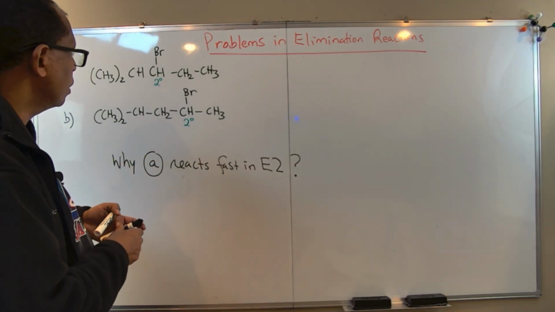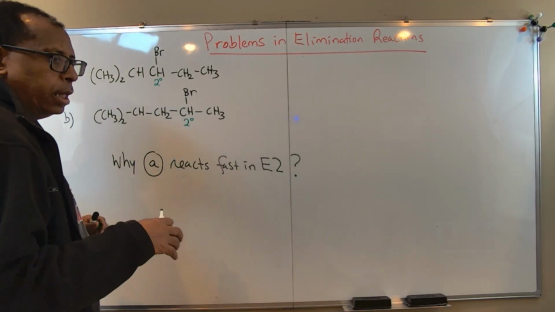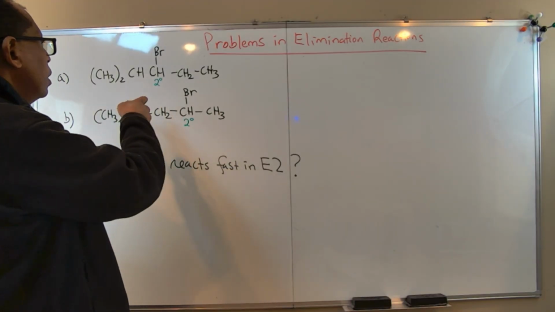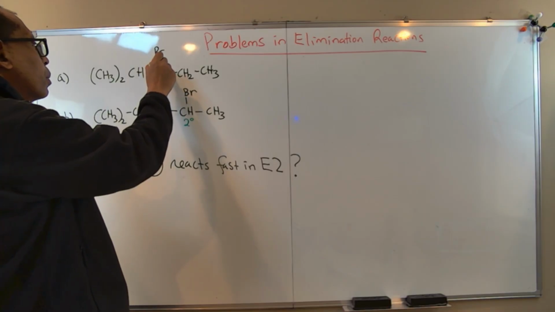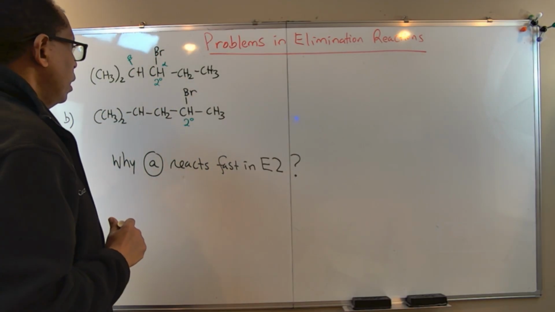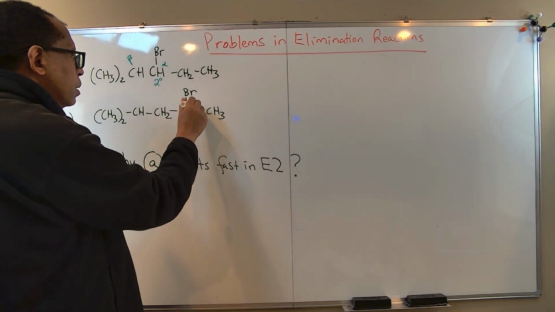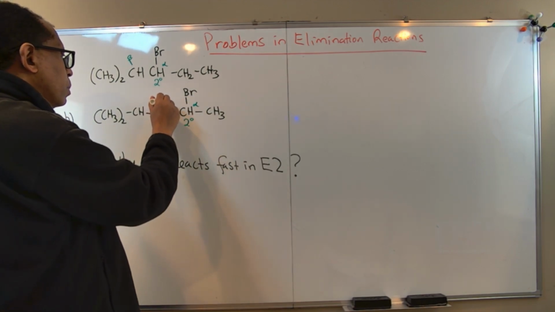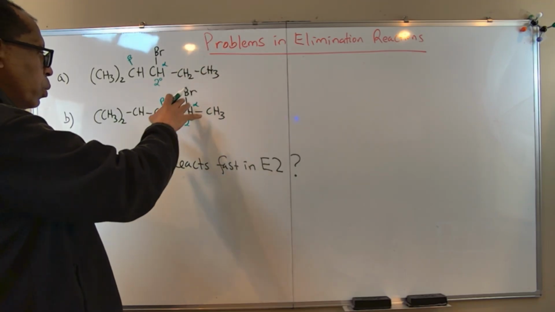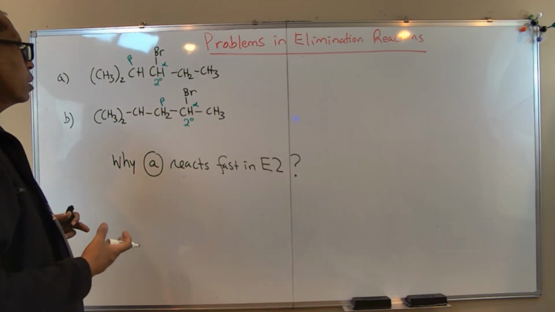For example, if we just consider an E2 elimination reaction of this one, with this as the alpha carbon right here and this as a beta carbon, let's see what we would get. Obviously, there are other beta carbons as well, but let's see what the differences in these two products are.